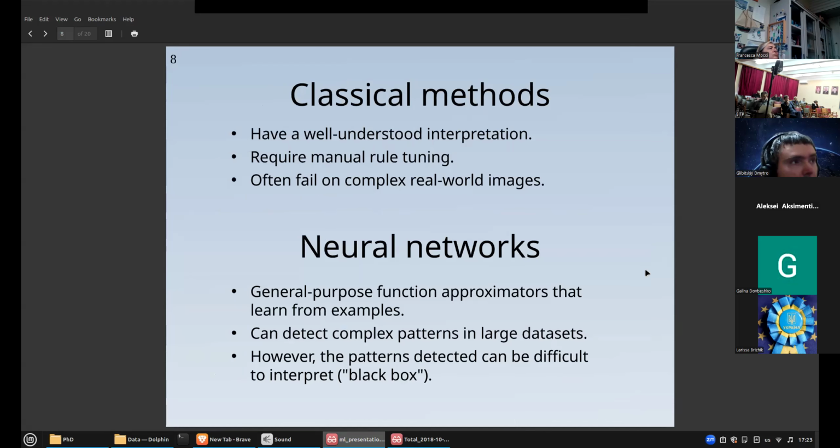Since then, machine learning has proved to be quite a good choice for many scientific tasks. Compared to classical methods, which are well understood but require intricate tuning and often fail on complex images, neural networks, which are the modern popular version of machine learning, are universal function approximators that can be hard to interpret, but can learn complex patterns from a large set of examples.